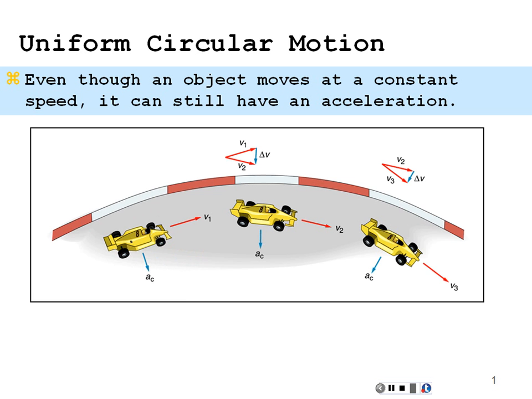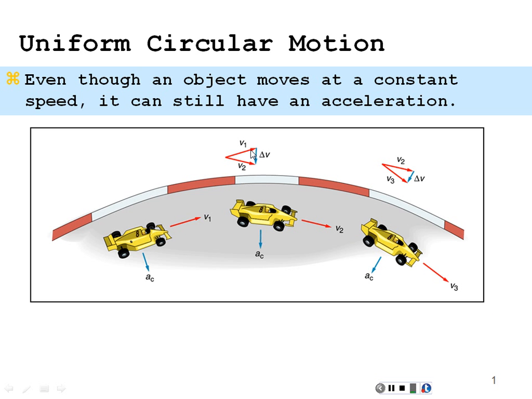Here's an example. Take a look at this race car going through this curvature here. Its speed is not changing, so it maintains the same speed throughout the curvature. And if we look at its velocity vector as time progresses, we have this v1 going in one direction, and then a moment later it's got a v2 going in a different direction.